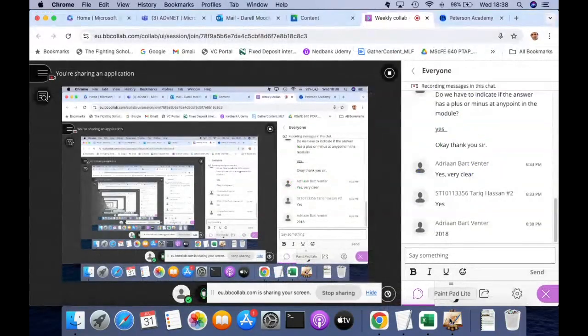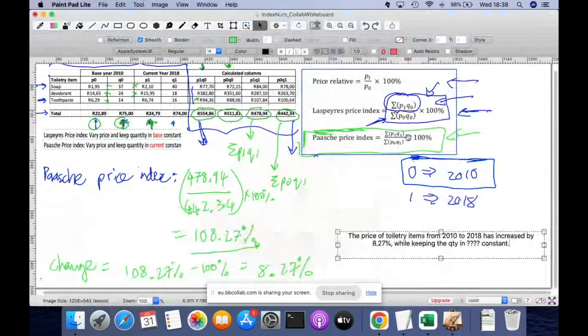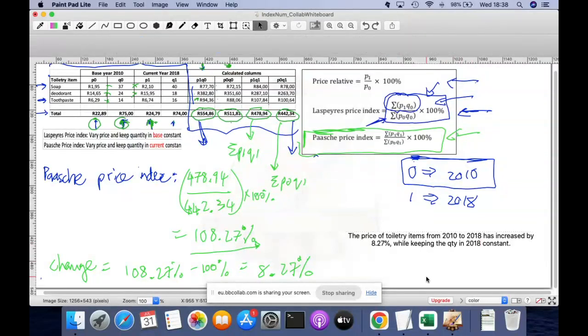Very good. It's 2018. If you look at the equation for the Paasche price index, it's Q1. Remember I told you 1 represents 2018. So we would say, in 2018. And that's how you will fully answer this question.